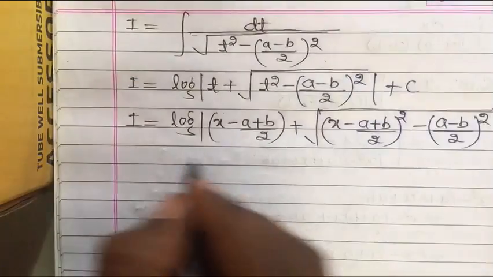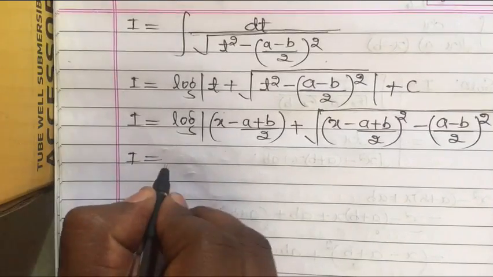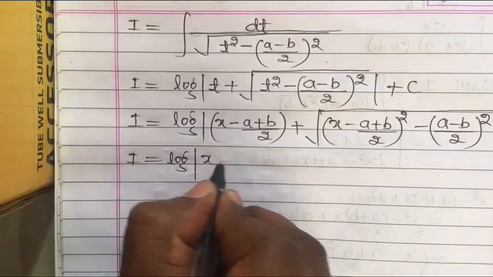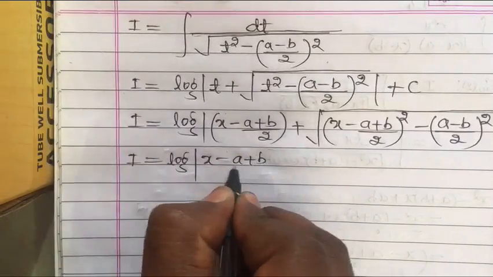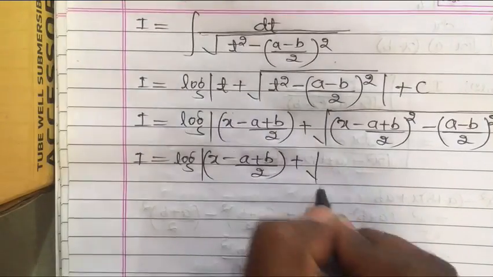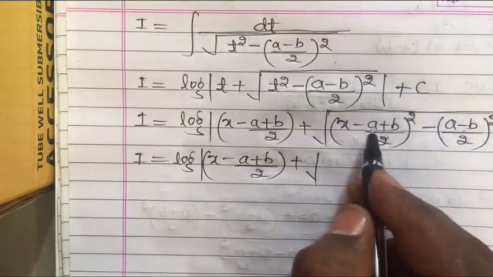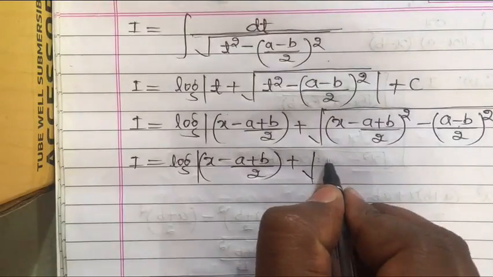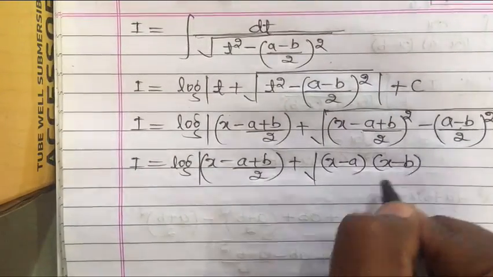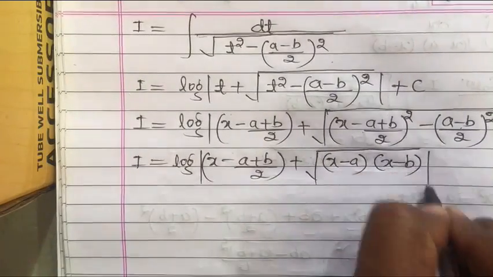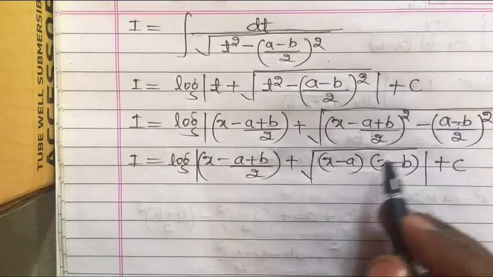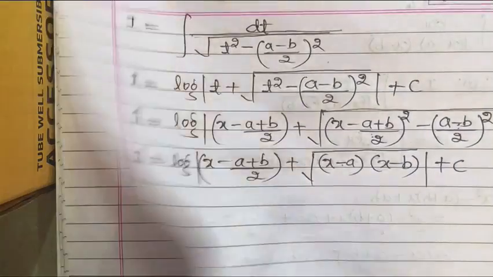So now I is equal to log mod of x minus (a plus b) by 2 plus the square root of, so these two together can be written as (x minus a) into (x minus b), mod complete plus c. So why have we written these two as (x minus a) into (x minus b)? So see here.